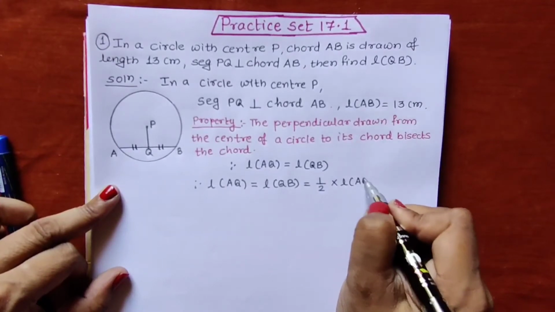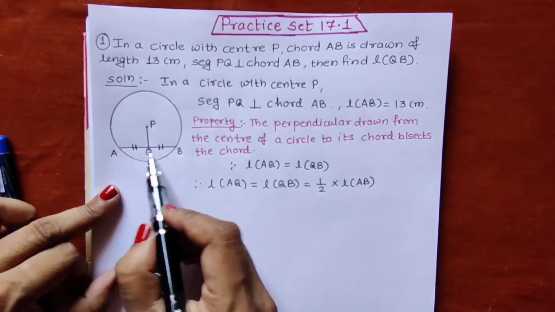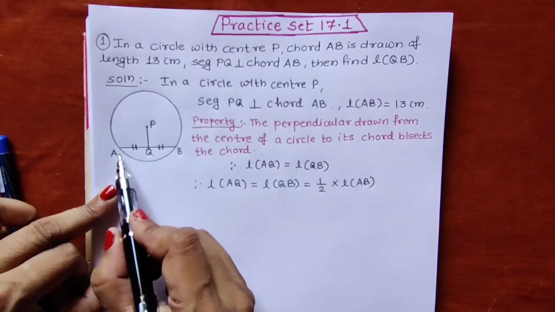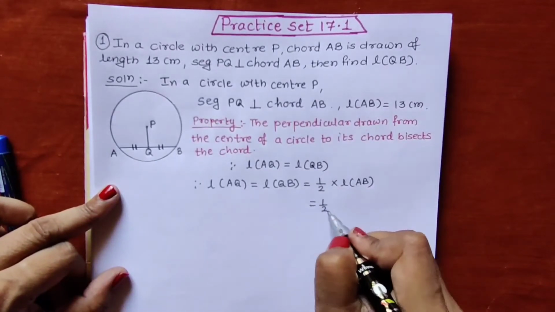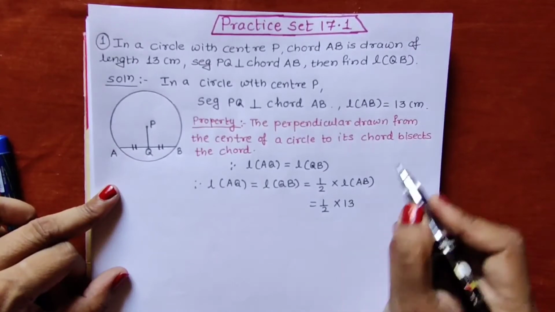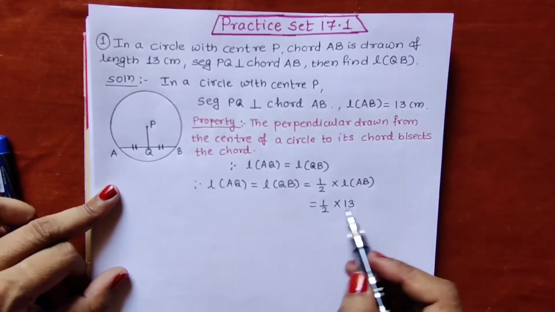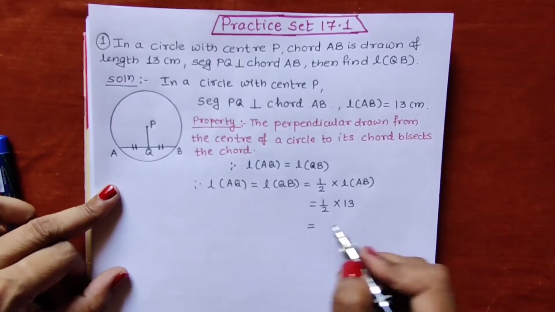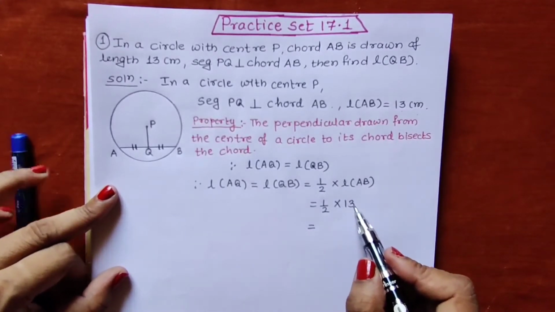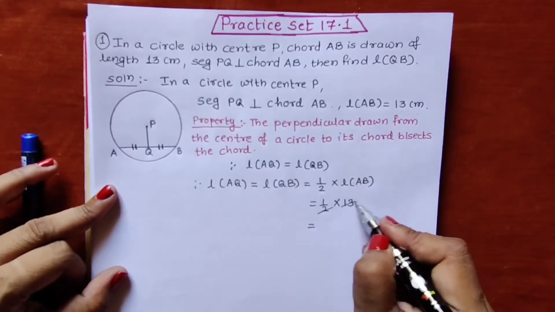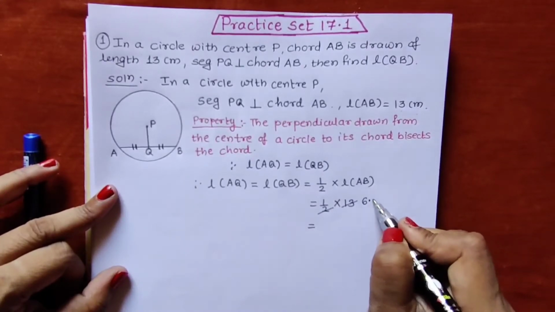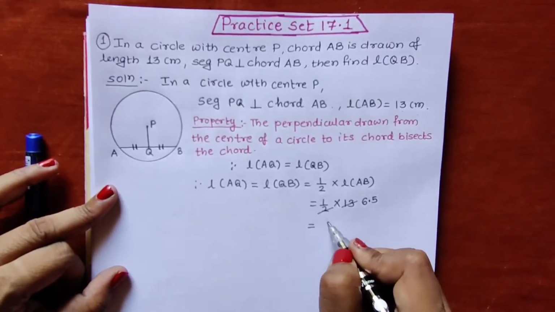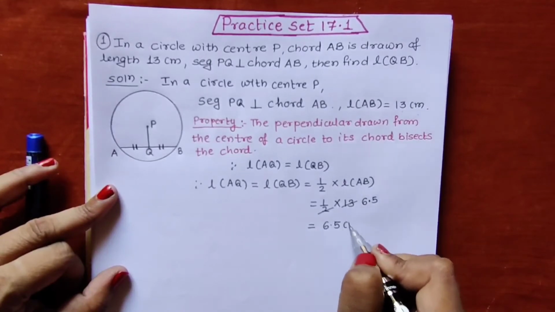They will be half of the full chord AB. So 1/2 multiplied by 13. Length AB is 13, so we multiply by 13 and divide by 2. 2 sixes are 12, then point, 2 fives are 10. So it will be 6.5 centimeters.